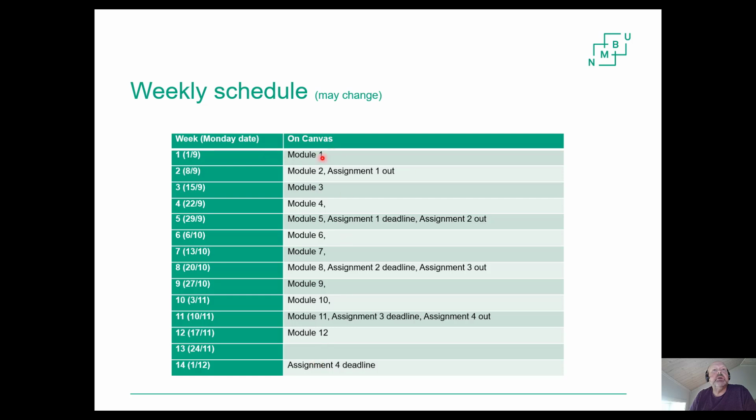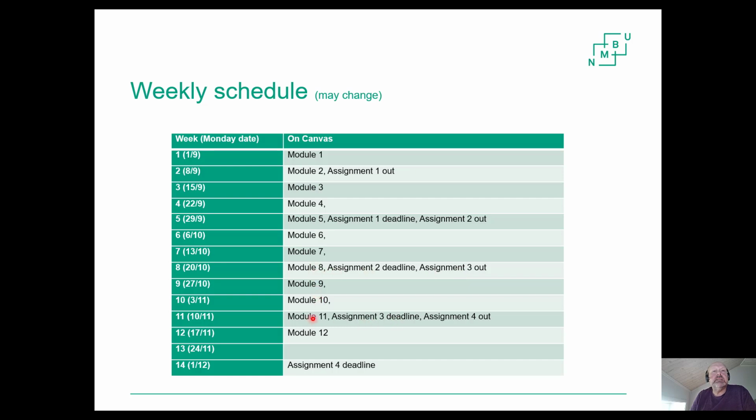You can see the first module is a little bit special, and then we start modules 2, 3, and 4 with the first assignment out. And then once these are done, the assignment 1 deadline appears here. So it's basically 3 weeks, right? And then immediately the next assignment is out, modules 5, 6, 7, and then similar here, deadline, and the next assignment out, 8, 9, 10.